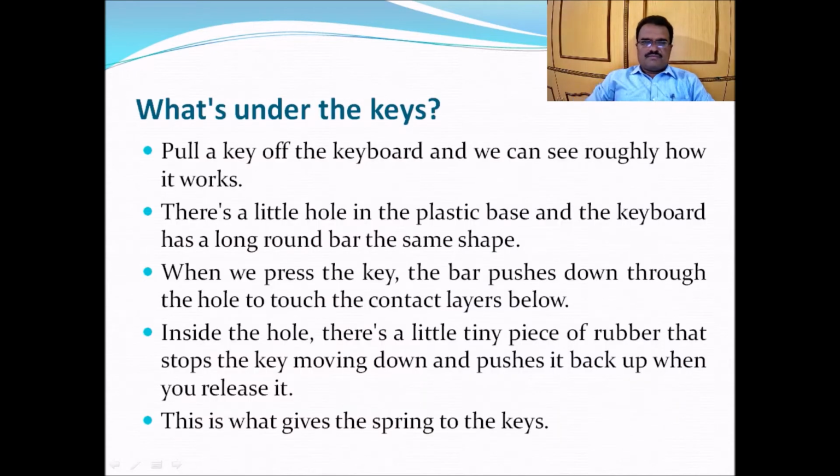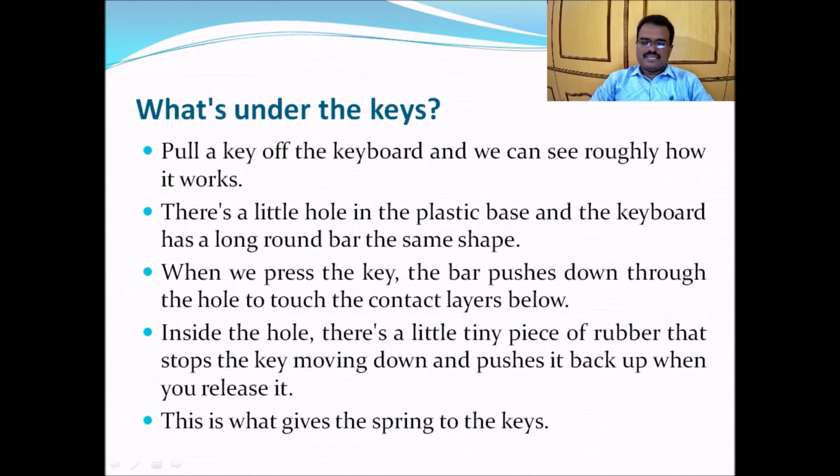What is under the keys? Generally we are using the keyboard every day, pressing the keys on the keyboard. So what is under the keys? Pull a key off the keyboard and we can see roughly how it works. There is a little hole in the plastic base and the key has a long round bar in the same shape.